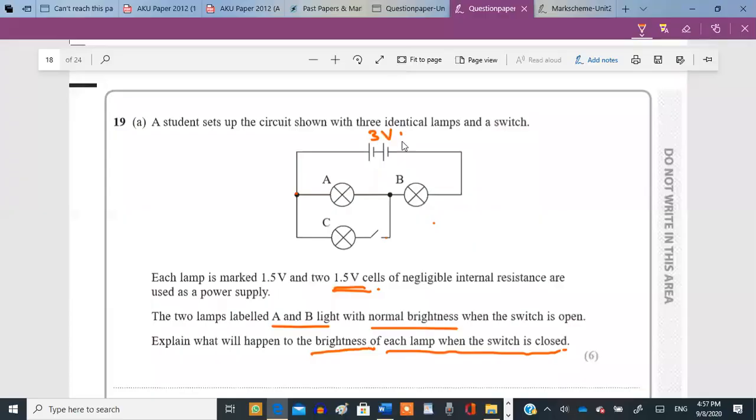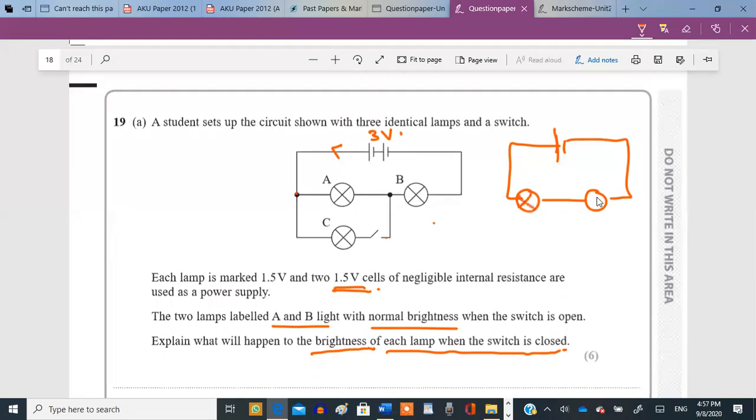Is this clear? Voltage over here, because it's 1.5 and then 1.5 and they are in series with one another, so their voltage will combine. Now when this switch was closed, these two bulbs were lighted with normal brightness. So this actually means that these two bulbs were the only ones connected in the circuit, because when the switch was open, no current was flowing through this branch, and all of it was passing through this branch over here.